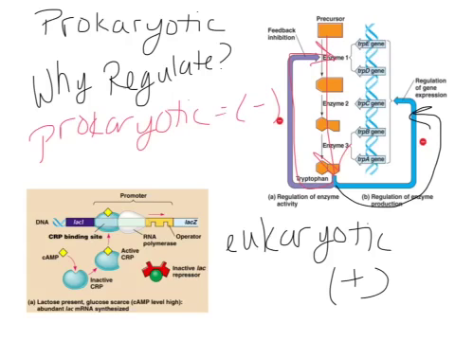The eukaryotic genes are a little more difficult to regulate because of the large amount of DNA in a eukaryotic cell compared to a prokaryotic cell. So eukaryotic genes are usually off until they are turned on.